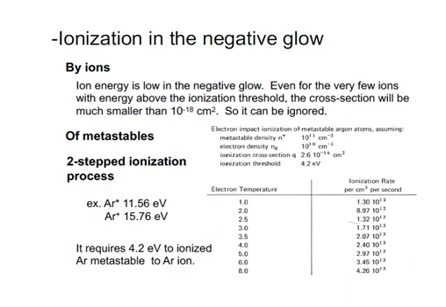So this kind of process needs a two-step ionization process. The first step is to excite neutrals from the ground state to the metastable state, and the second step is to ionize the metastable state into an argon ion. It requires only 4.2 eV for ionization of argon metastable.